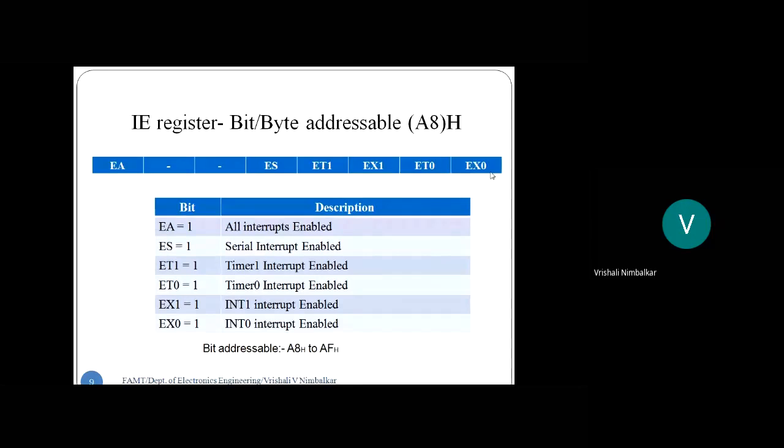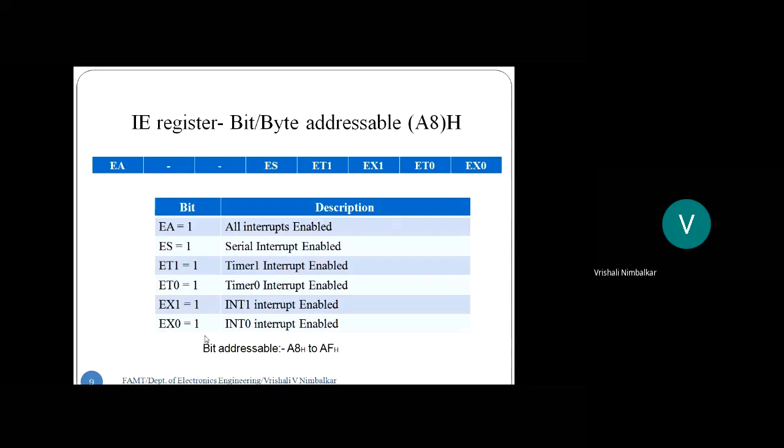Now from the name itself, it is used to enable and disable the interrupts. If you set a particular bit, it means the corresponding interrupt is enabled. Correct? So if you look into that table, EX0, look at the last row in the table. If the EX0 bit is set, it means the external hardware int0 interrupt is enabled.